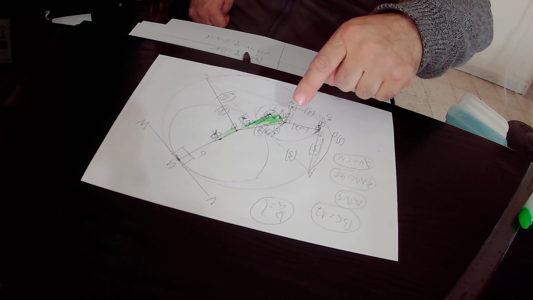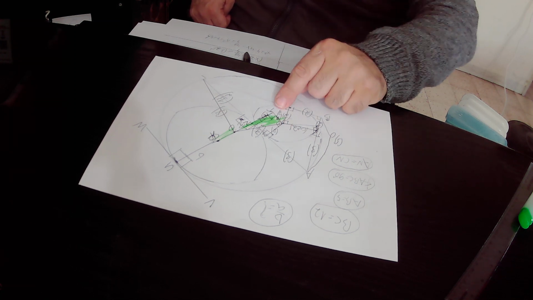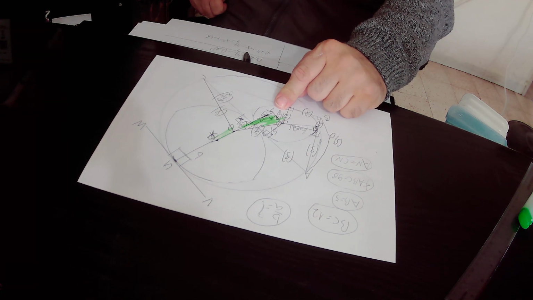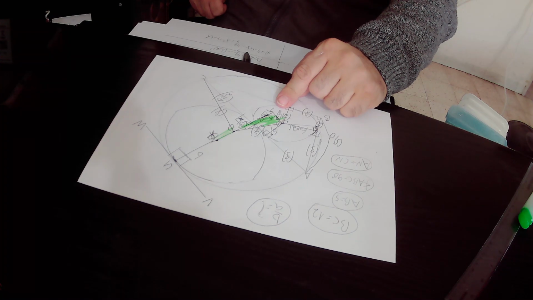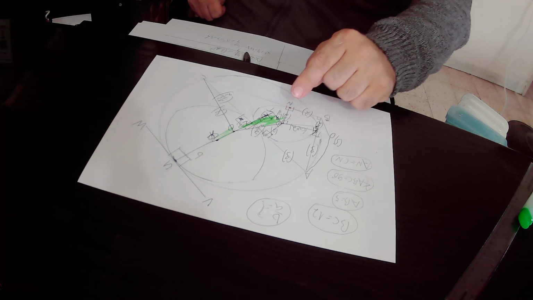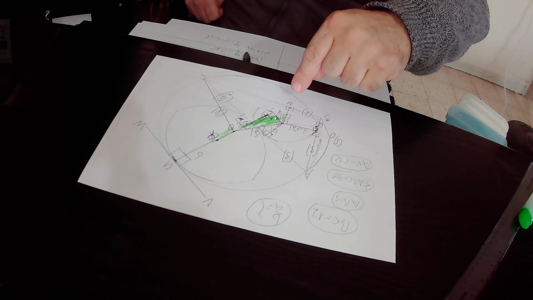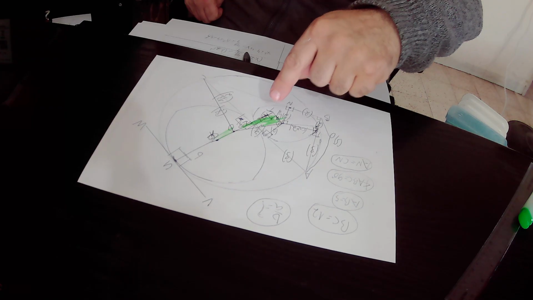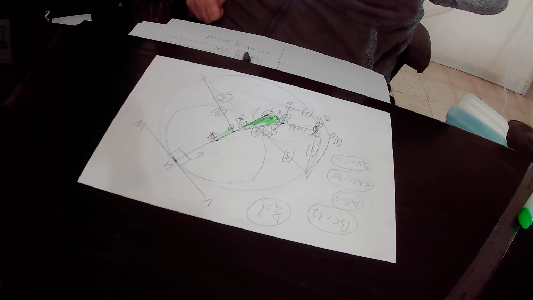In quadrilateral PTNM we have three right angles, therefore the fourth angle must be equal to 90 degrees. Therefore quadrilateral PTNM, which has four right angles, is a rectangle, and we know that the opposite sides of a rectangle are equal to each other. That is to say, PM equals TN, but PM is 2, therefore TN must also be equal to 2.